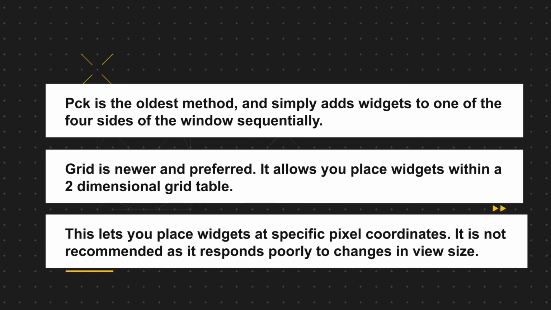It is great, and we are going to be making use of it in our application today. We also have place, a third option which allows you to put widgets at specific pixel coordinates. It is not recommended as it responds poorly to changes in window sizes or screen resolutions. So grid is actually the most preferred of all geometry managers.